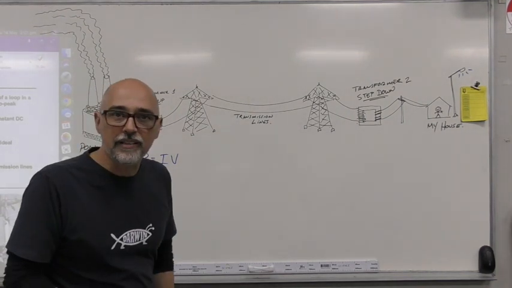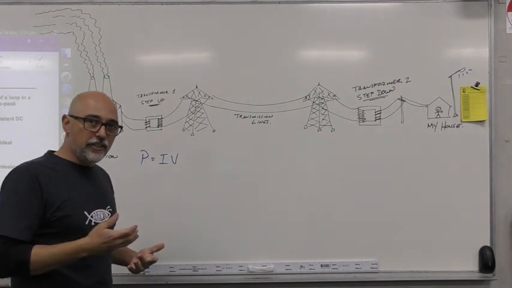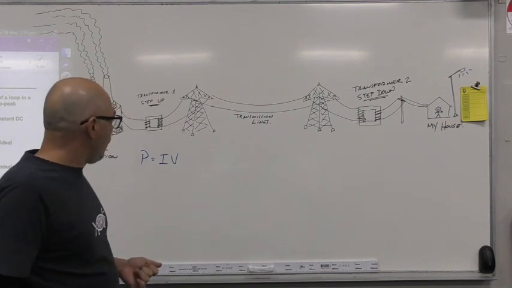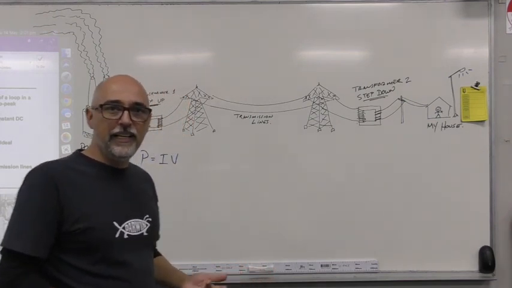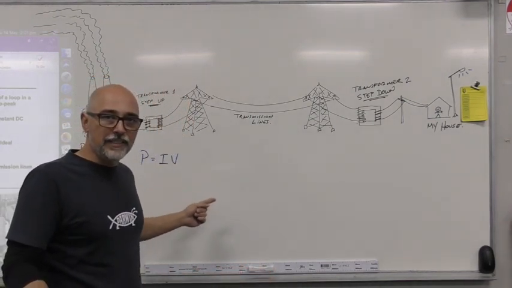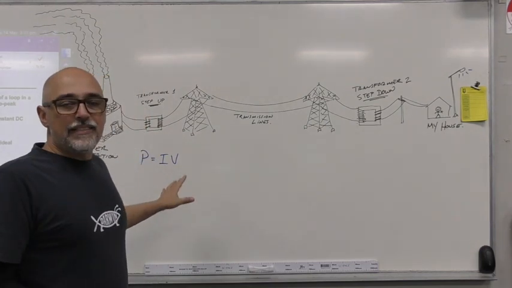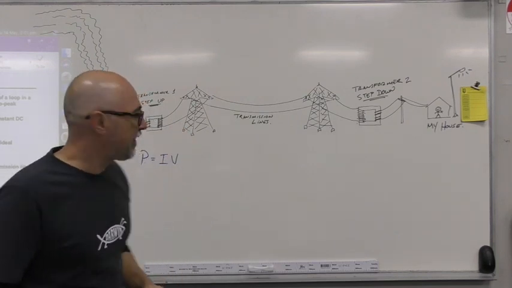Fine, that works, okay? You can do that. But what if I change it around a little bit, okay? What if I transmit at 10 volts and 100 amps, okay? Again, you keep your 1,000. Now, that gives us the conservation of energy thing that we so love in science, okay?